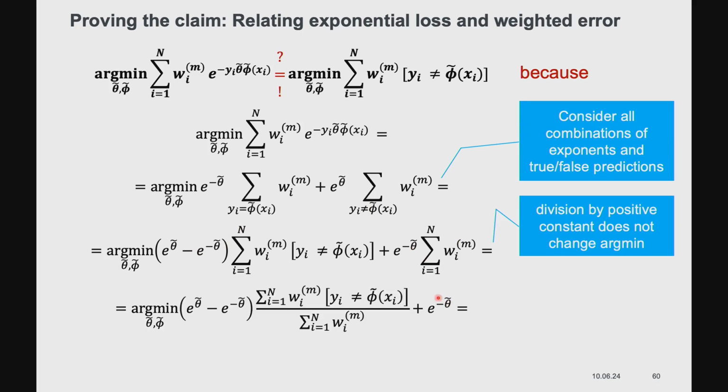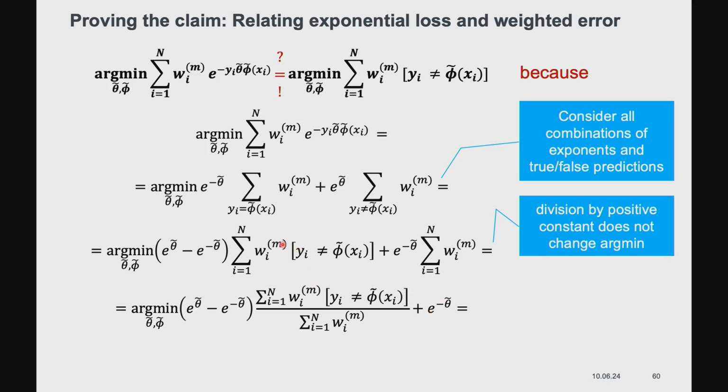And now we can divide by a positive constant. The positive constant that we choose is the sum of all the weights. This still gives us the same argument. I mean, it would be a different numerical value, of course, but we are only interested in the argument, and the argument doesn't change. So we divide by this, and this, of course, means that this becomes 1, and therefore we have e to the power minus theta tilde.